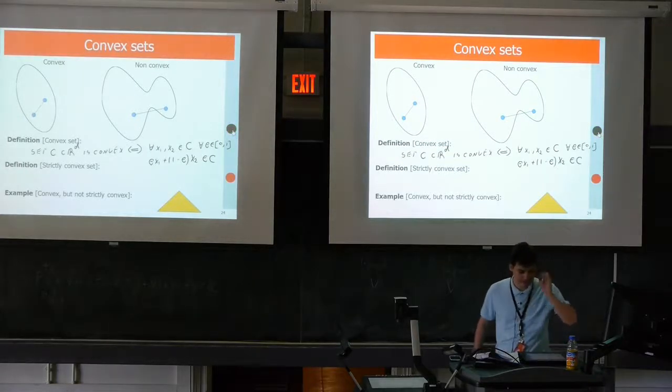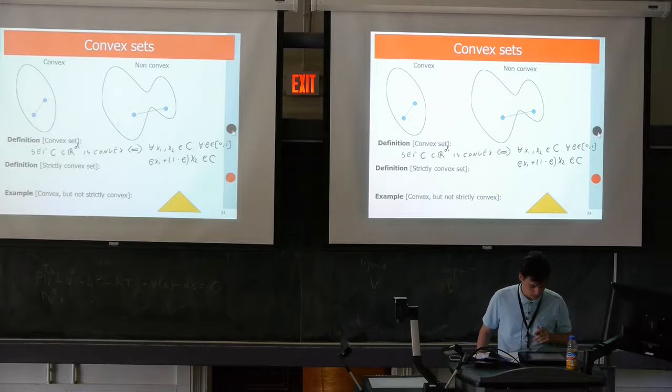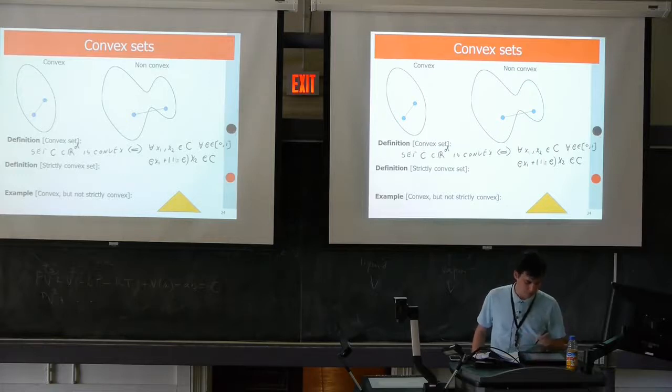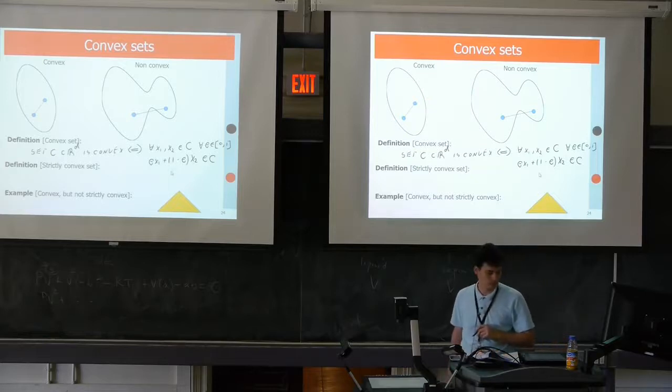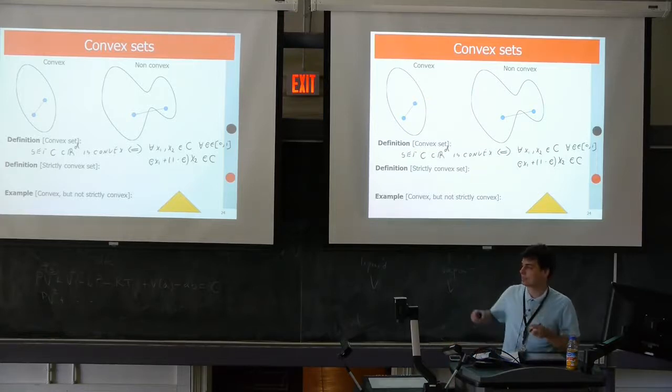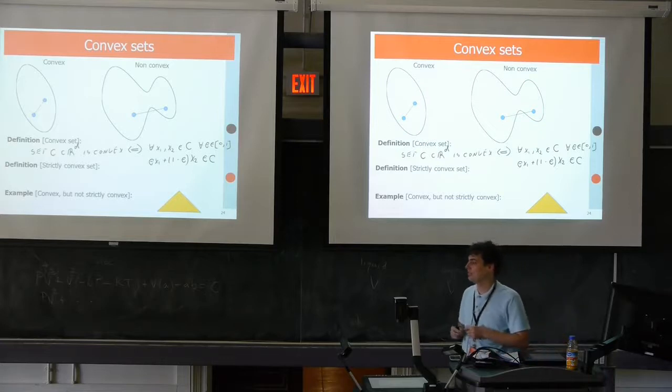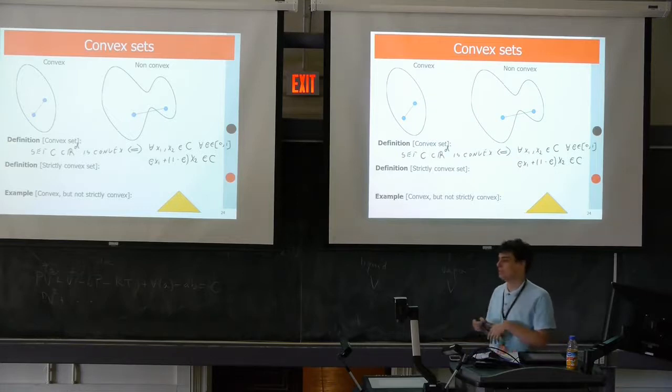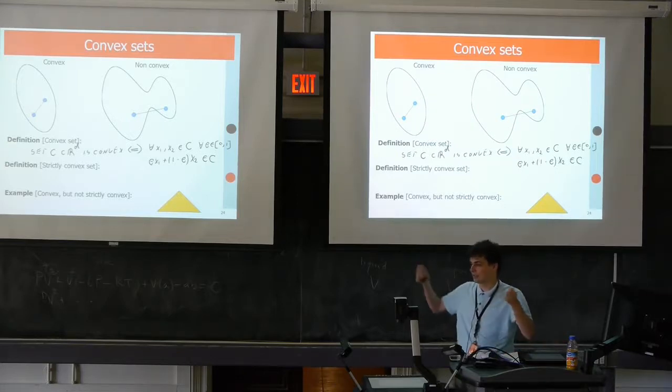We say that a set C in a d-dimensional space is convex if and only if for all x1, x2 in set C and for all theta in the closed interval between 0 and 1, the convex combination of x1 and x2 is in C. So in other words, the line segment between x1 and x2 is entirely in C. We will say a set is not convex if this is not true. You can find x1 and x2 such that the whole line between x1 and x2 is not in C.